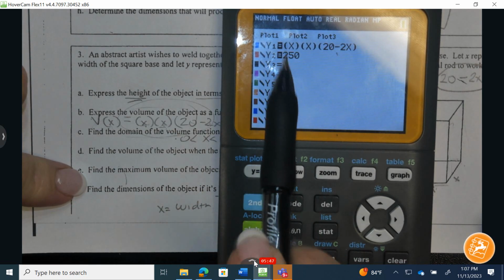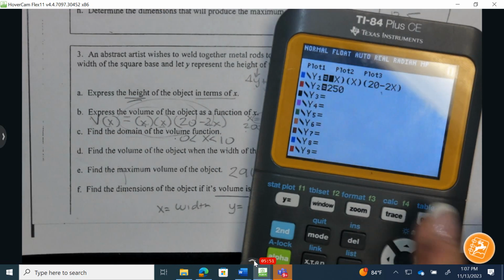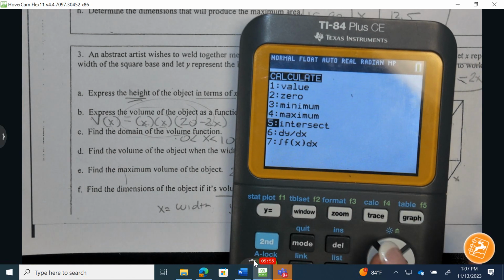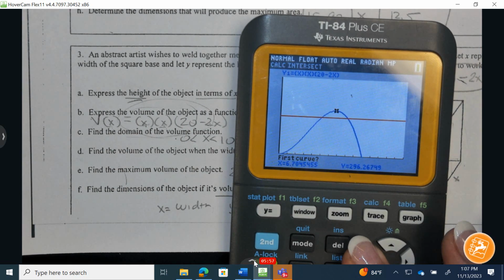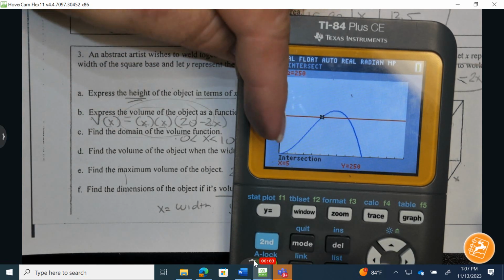Okay, so now I have a nice view of this, and I have gone up here to where Y equals 250 because it says, when the volume's 250, what could be the dimensions? And I see that it intersects in 2 places. So second trace, intersect. Let's look at those options. Enter, enter, enter. Okay, so one time X could be 5.